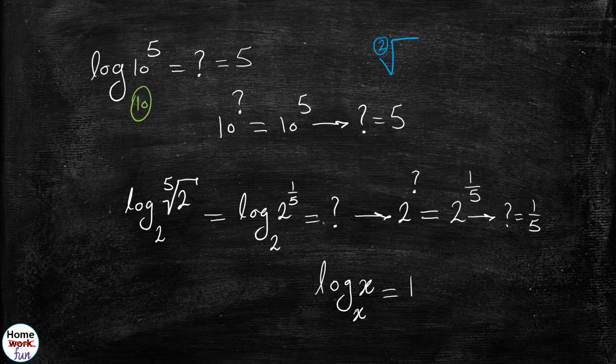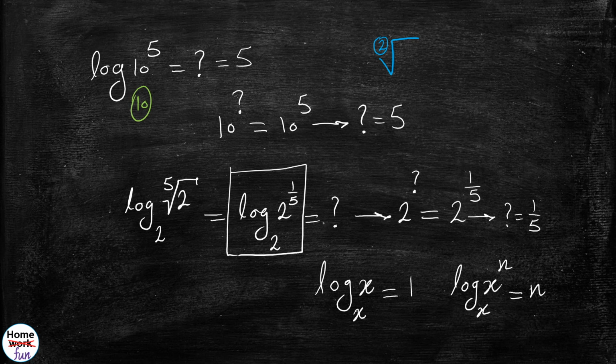And now if what's in front of the log is raised to a certain power, for example, if you have log of x to the power of n, and the base of the log is x, the answer is n, just like we saw in here. Log of 2 to the power of 1 over 5, and the base of the log was 2 as well. The answer was 1 over 5.